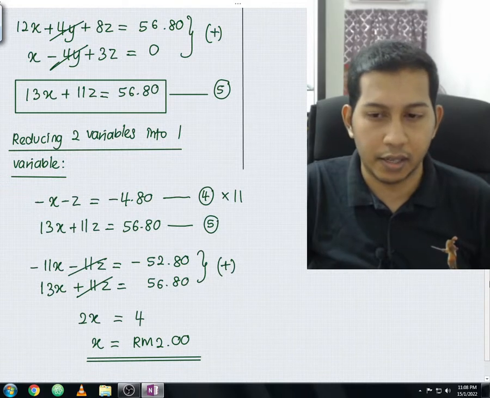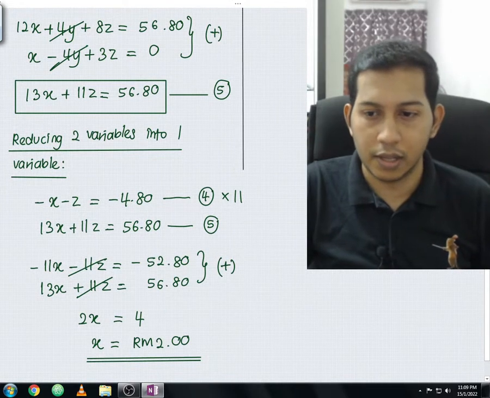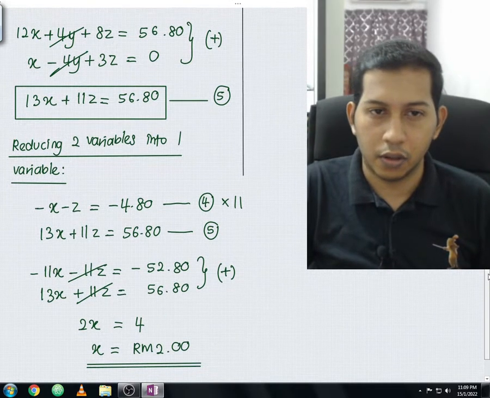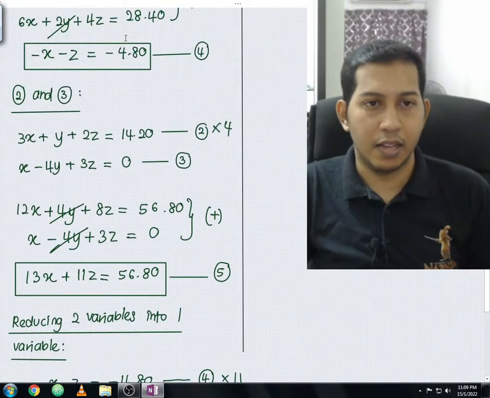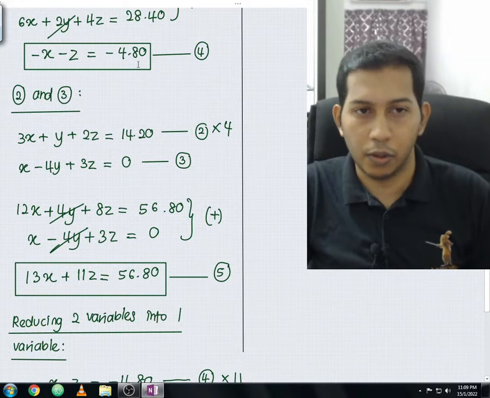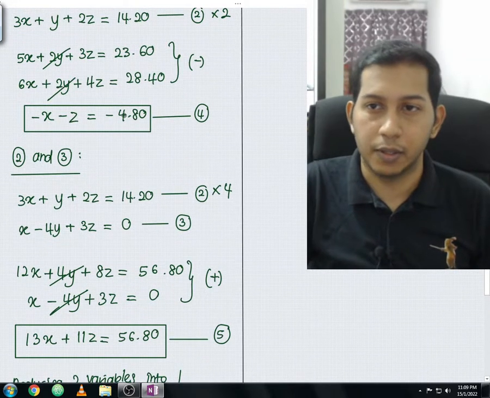To find the next solution, using this x value, you can substitute into equation 5 or equation 4. Any of the equations would do. In this case, we are choosing equation 4.